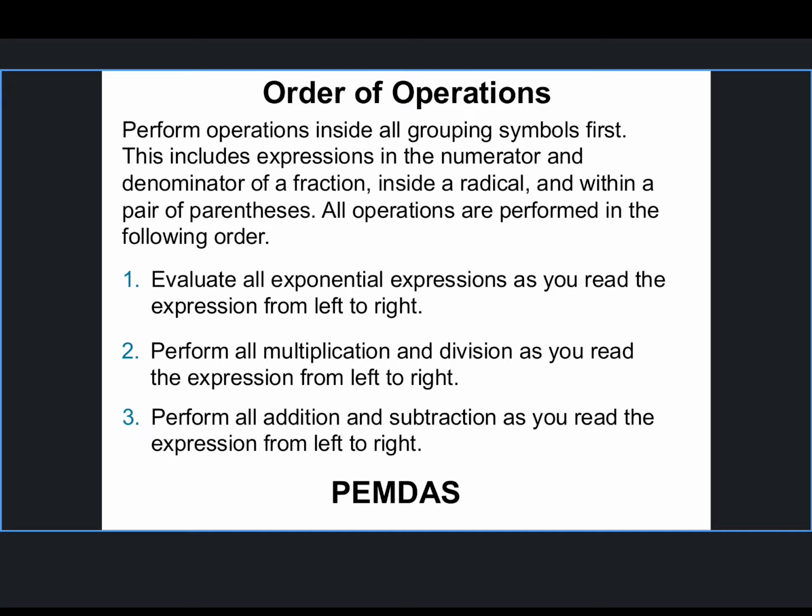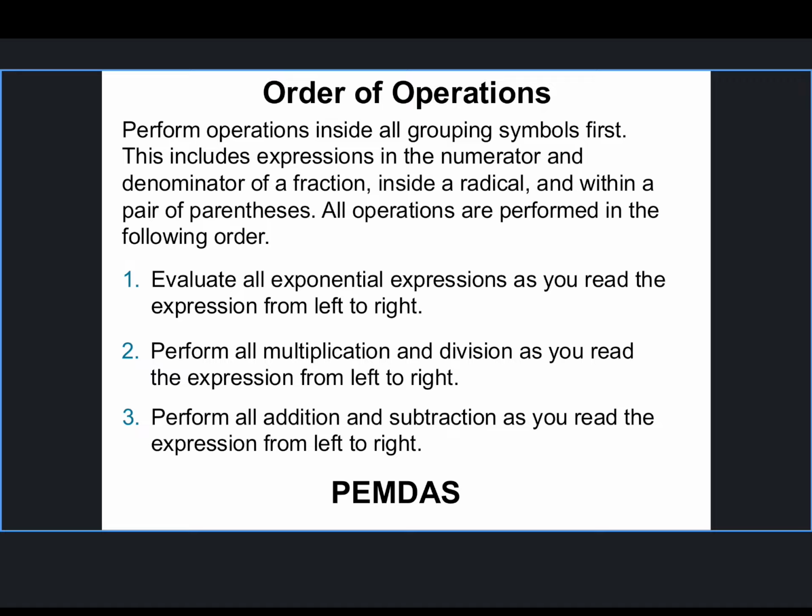First, we evaluate all exponential expressions as you read the expression from left to right. That makes intuitive sense, left to right, because that's how we read in general, right? Then after we do all of the exponential expressions, we move on to multiplication and division as you read the expression from left to right.